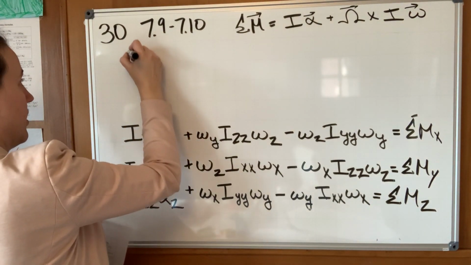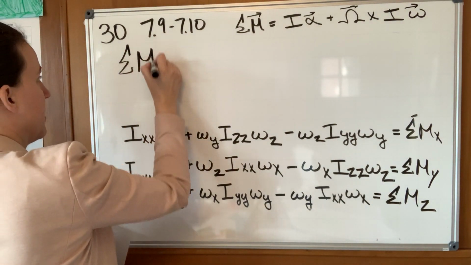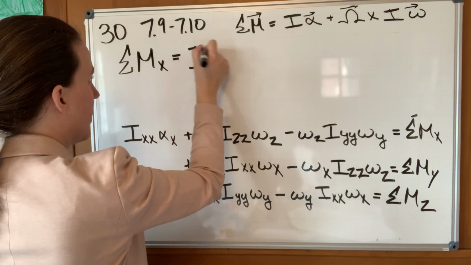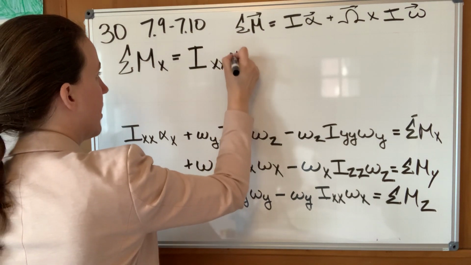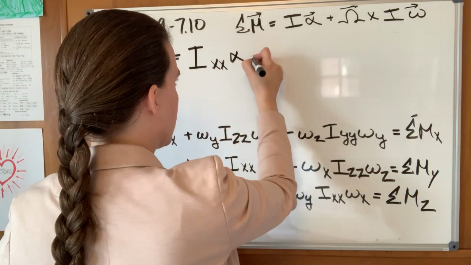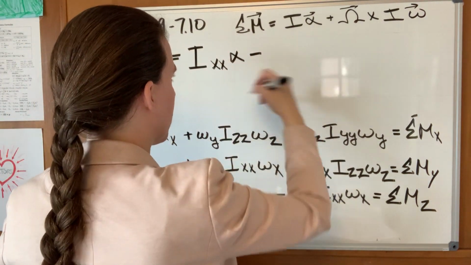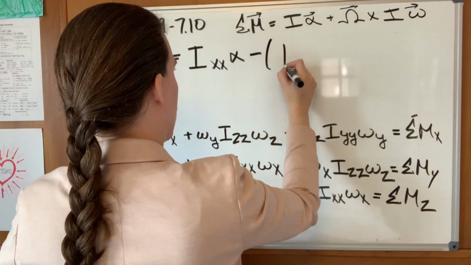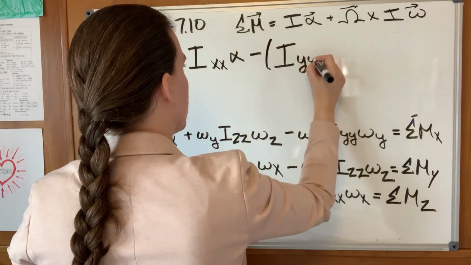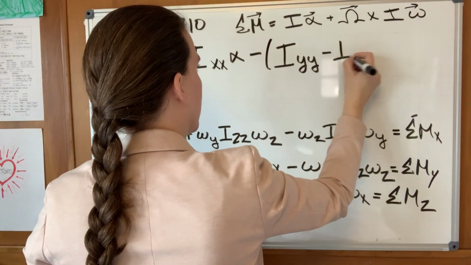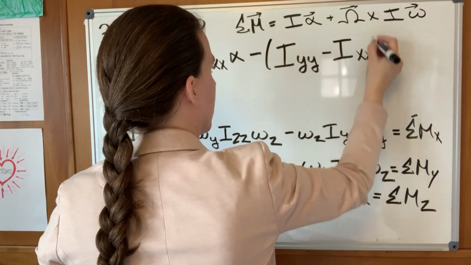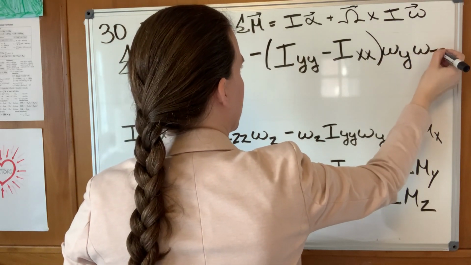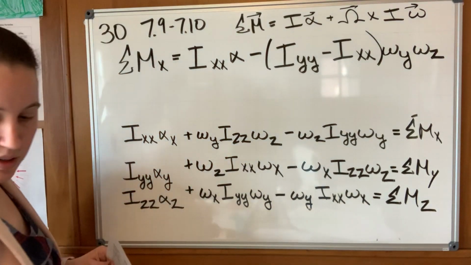So the sum of the moments in the x direction is going to be equal to I xx alpha x, and for whatever reason the convention is to make this negative first, so we have I yy minus I zz, omega y omega z.